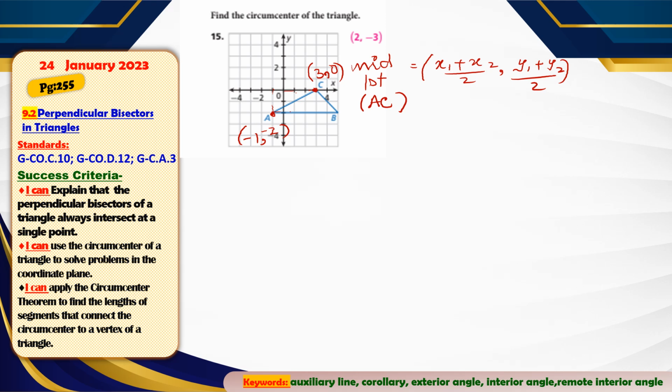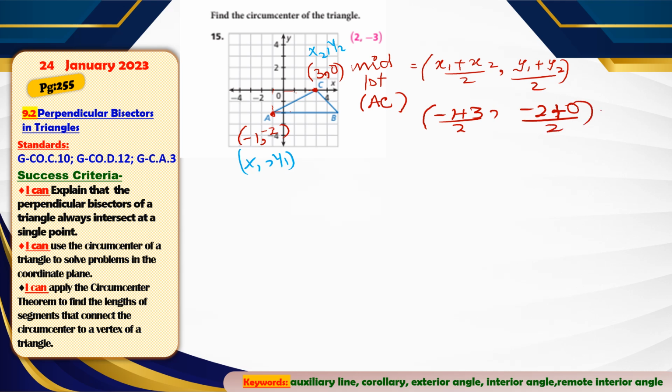So consider the A coordinates as x1 and y1, and the C coordinates will be your x2 and y2. Put them in the formula. So the formula is x1, that is -1, plus x2, which is 3, divided by 2, and y1 is -2 plus y2 is 0, divided by 2.